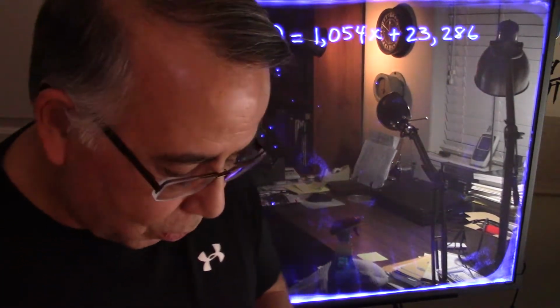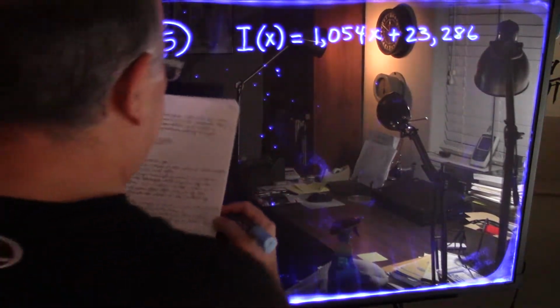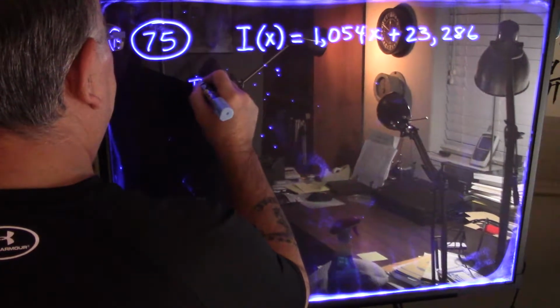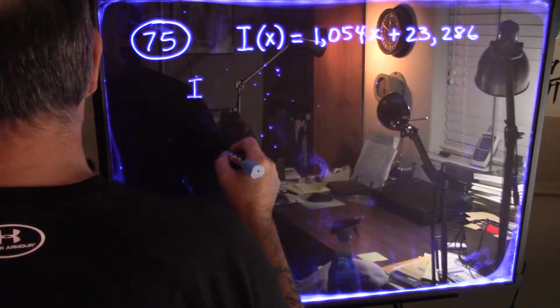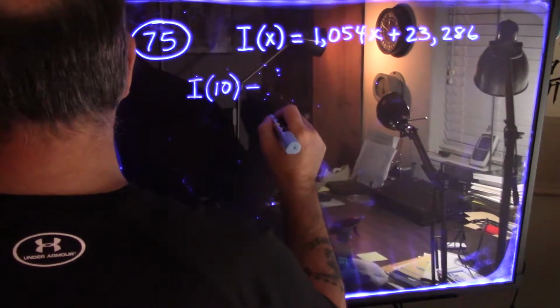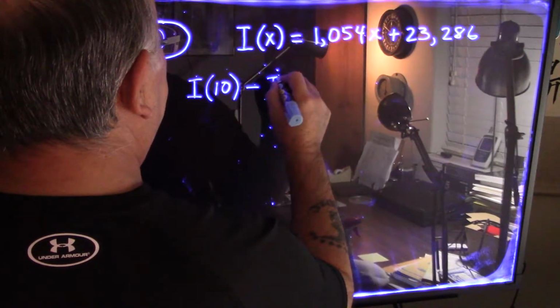Choice B: in the 10-year period from 1990 to 1999, average annual income increased by a total of $1,054. Well, that's not true. What was the increase? You can calculate that: I of 10, ten years after 1990, minus I of 0, the initial value.